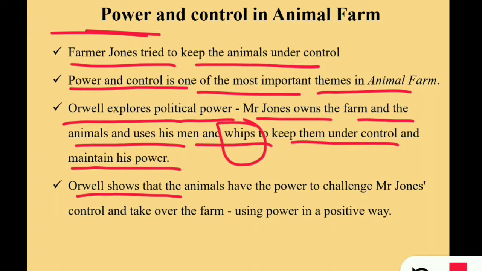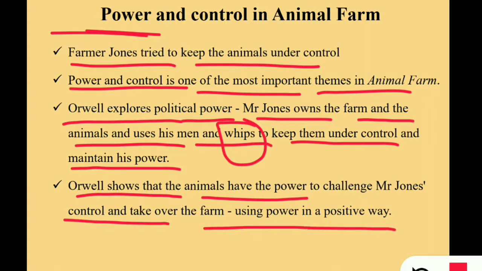Orwell shows that the animals have the power to challenge Mr. Jones, control and take over the farm using power in a positive way. So here Orwell tries to say that there are two uses of power. One is positive and another one is negative. Negative power is shown by Napoleon, who wants to govern, and Mr. Jones as well.